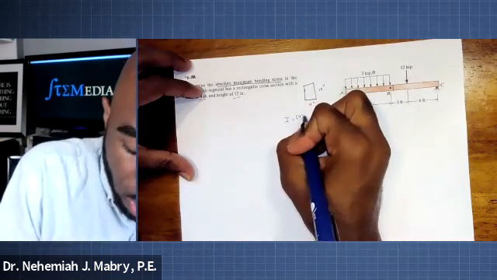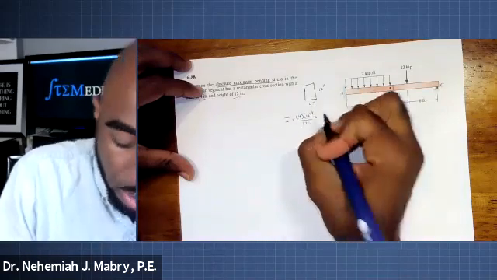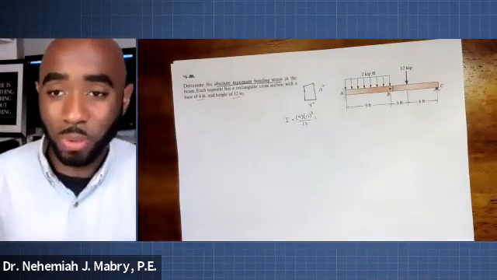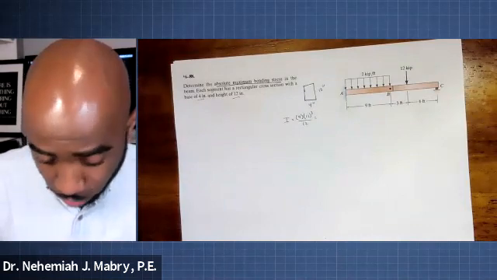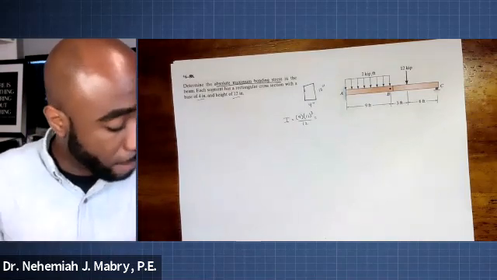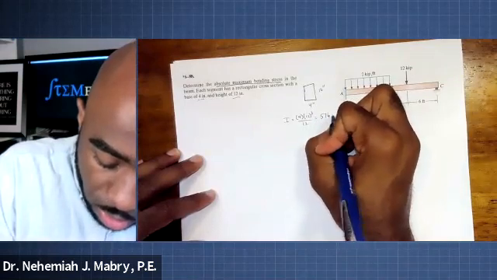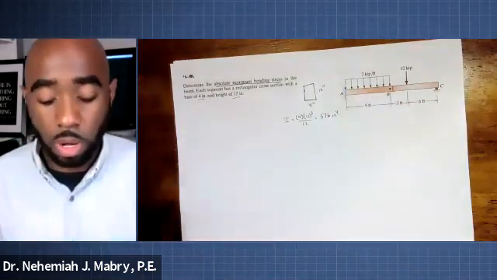Base is a 4, height is a 12. Let's knock that out really quick, right? 4 times 12 cubed divided by 12. And I got 576 inches to the 4th.